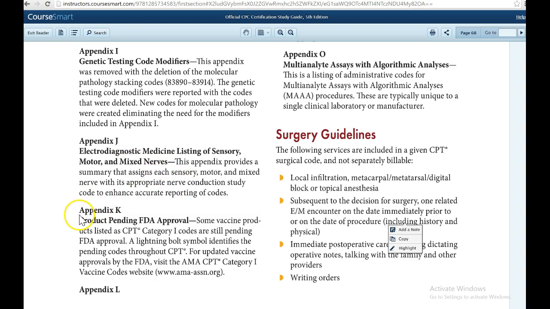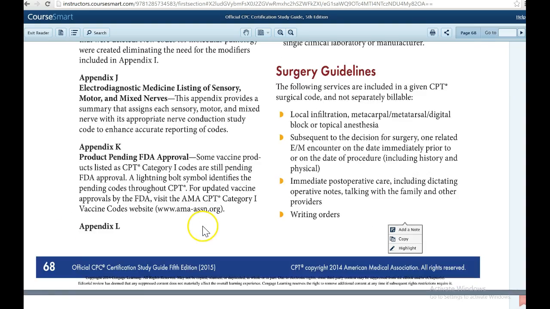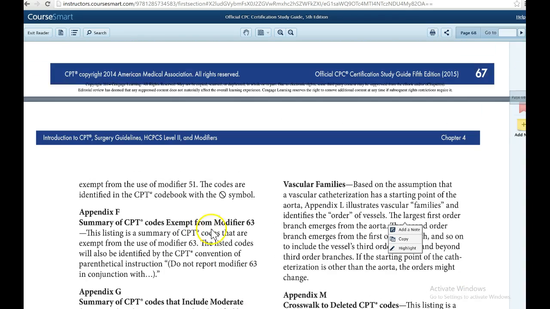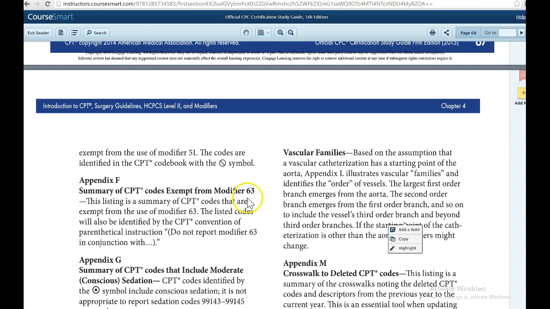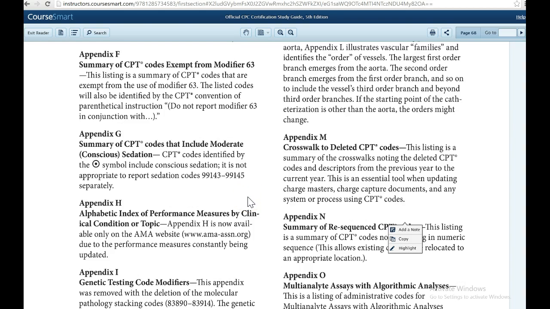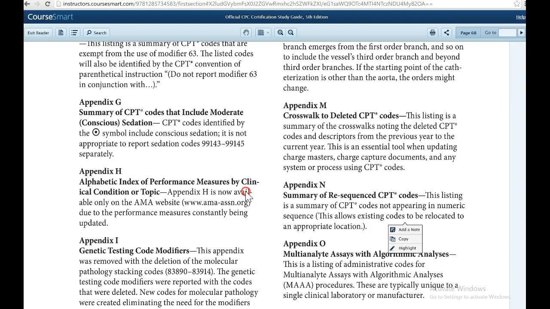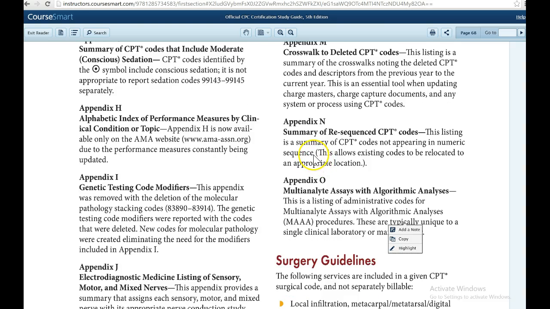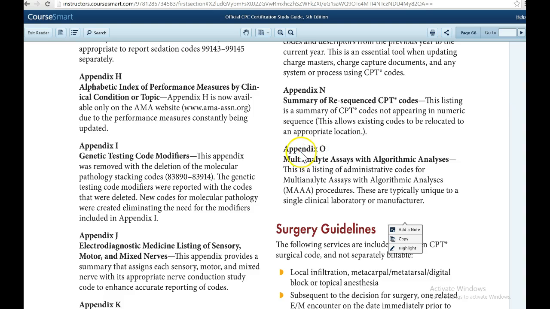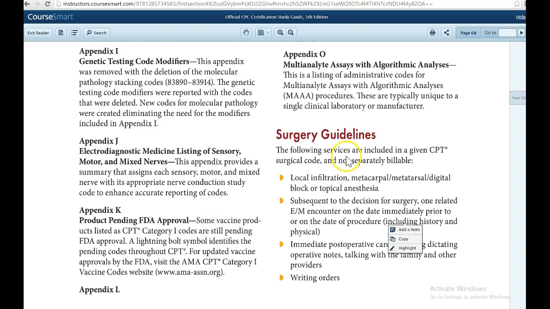And then, of course, the lightning bolt section, Appendix K, is products pending FDA approval. Appendix L is for the vascular families. Appendix M is for the crosswalk to deleted CPT codes. Appendix N is a summary of resequenced CPT codes, and Appendix O is a multianalyte assays with algorithmic analyses.